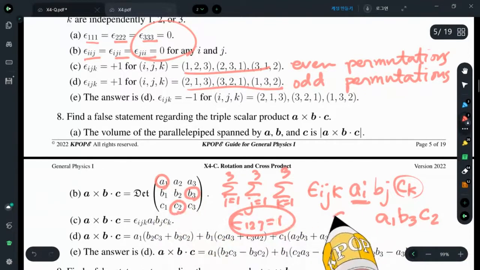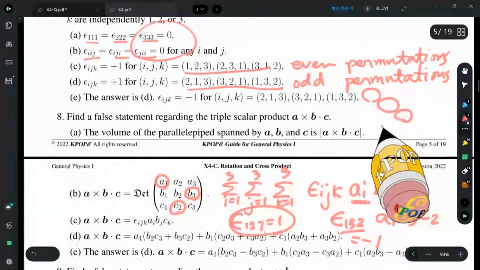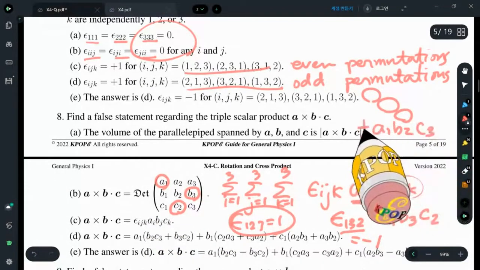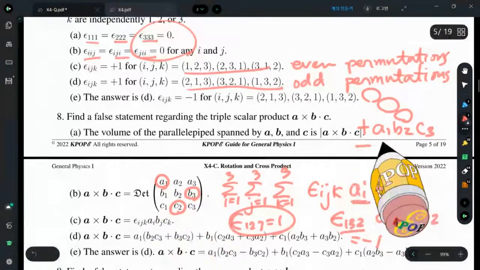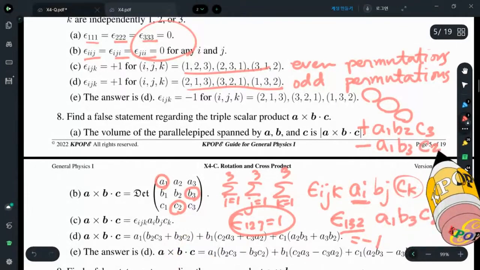But I have to multiply epsilon 1, 3, 2. That is a negative sign. This is a minus 1. So the first contribution is A1, B2, C3, that is a plus, but the second contribution is a minus A1, B3, C2.